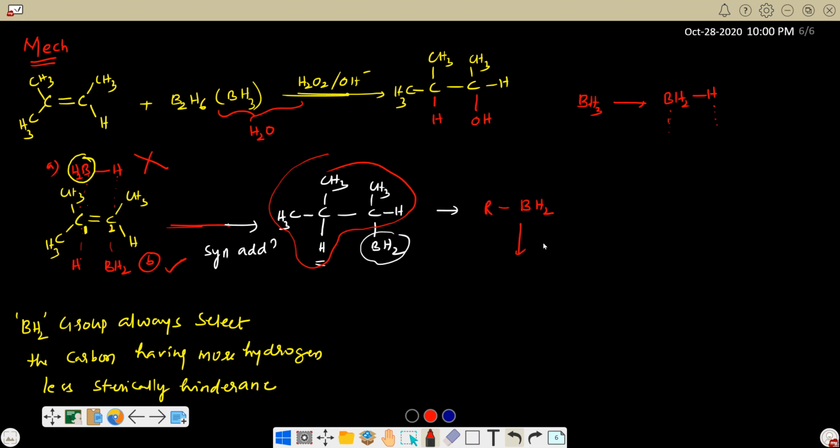Two more alkenes will react. So what do we get finally? R, B, R, this is R. Are you getting my point? Yes, sir. Because there are two more BH bonds, they can also react with two more alkenes, for a total of 3 alkenes.